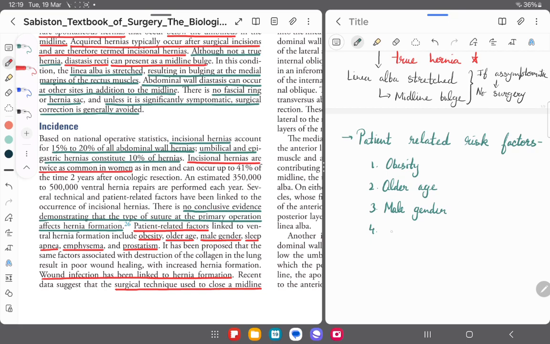Number 4 is sleep apnea. Number 5 is emphysema.